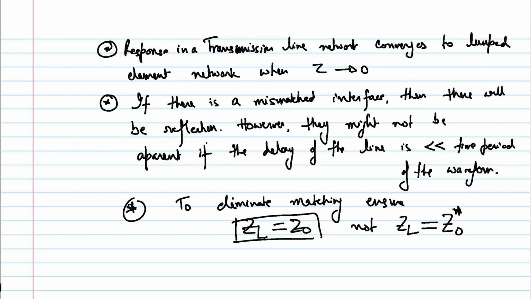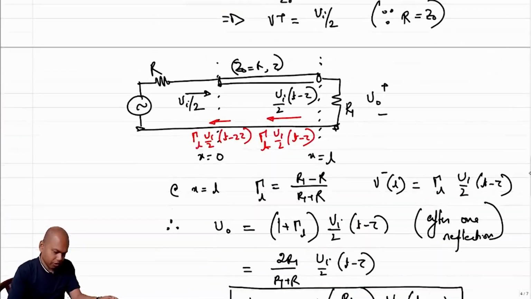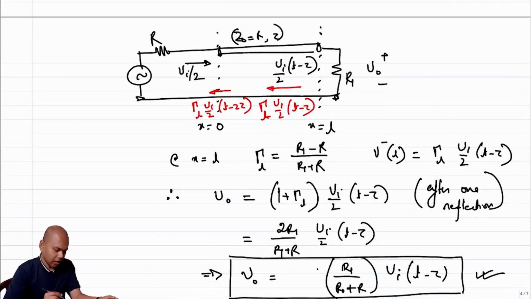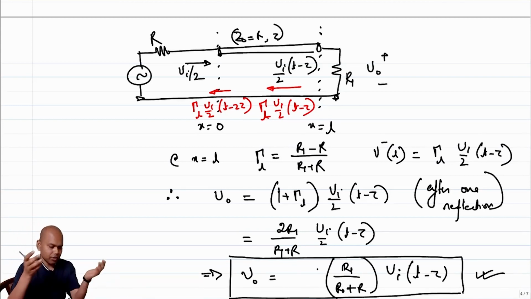Another interesting thing, an extension to the problem that we solved here: I took a case where the transmission line is matched to R. That did not necessarily have to be the case. You can do the same thing by assuming the transmission line is not matched to R but maybe matched to R1, right?